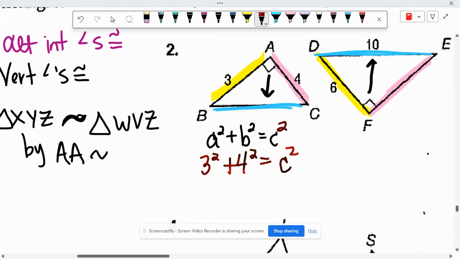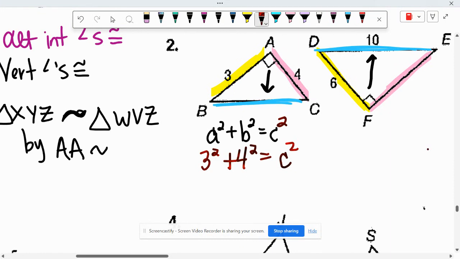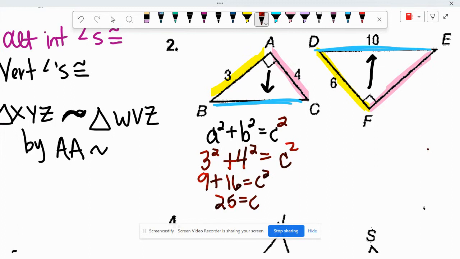So what is 3 squared? 3 times 3 is 9. And what is 4 squared? And what is 9 plus 16? Okay. So if 25 equals c squared, then what does c equal? It equals 5. That means that this side has a measurement of 5.